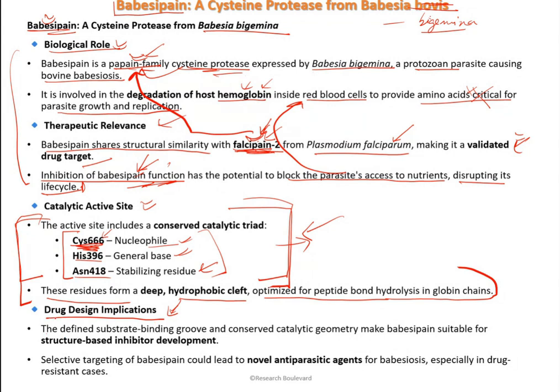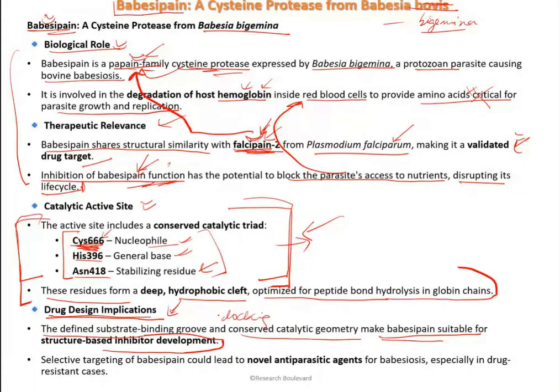So what are the drug design implications in this case? Defining the substrate binding groove and conserved catalytic geometry makes Babesipain suitable for structure-based inhibitor development. Once you have this structure model, you can go for finding inhibitors of this enzyme; in a simple way, you can do docking.